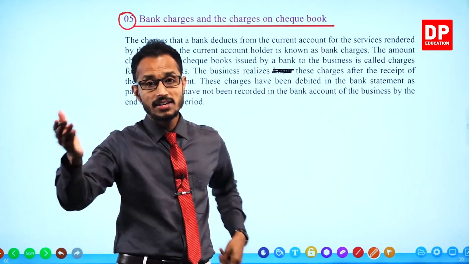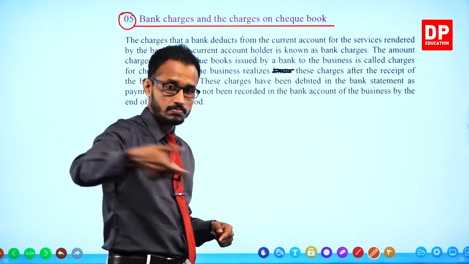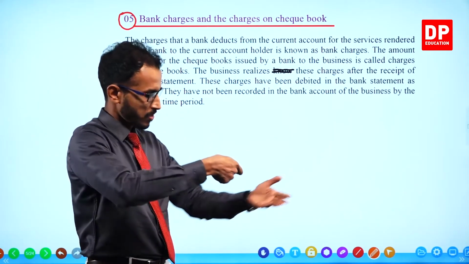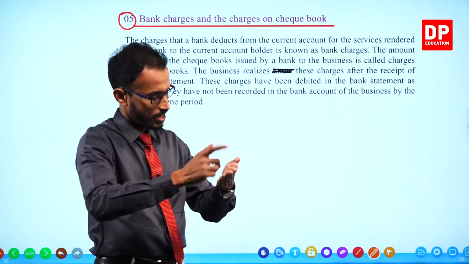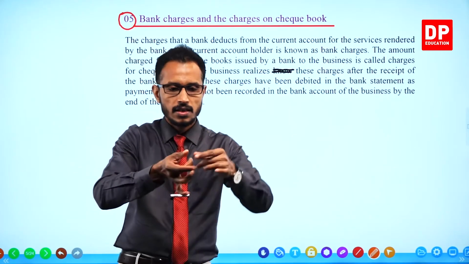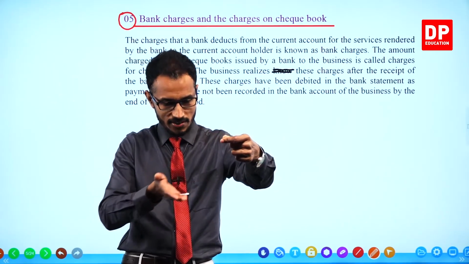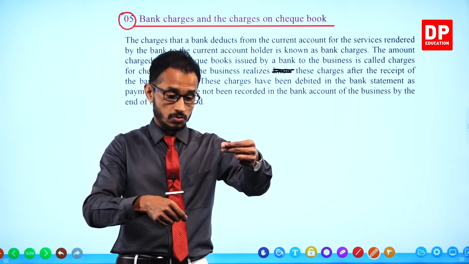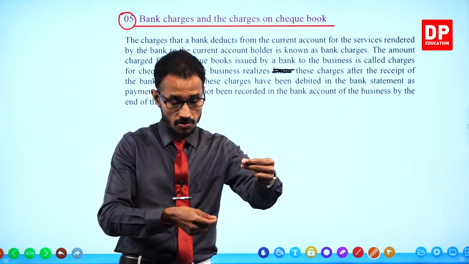When we get the bank statement through post, when we open it and look at it, only then we realize, wow, they have deducted 400 from our account this month.